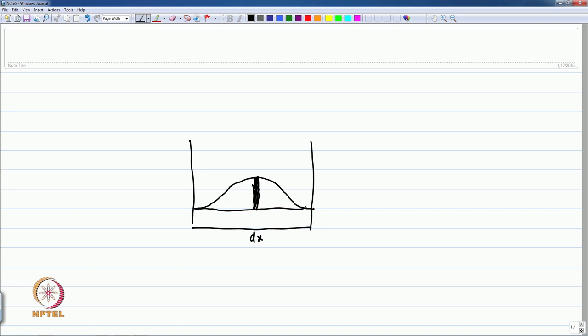Okay. Such small, this psi square calculated right at the middle value of the interval.